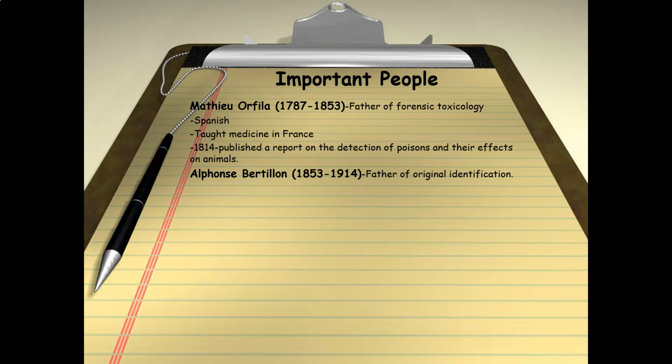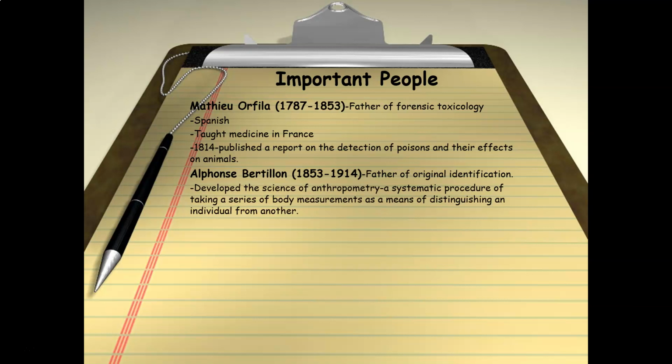Alphonse Bertillon, another French person, was somebody who spent time looking at what was called biometrics or anthropometry. In other words, measurement of the body, measurement of the skeletal system. He had, I think it was 11 total measurements where he could measure, for instance, from the base of your hand to the tip of your middle finger, the width of your palm, the length of your femur, looking at your skull.